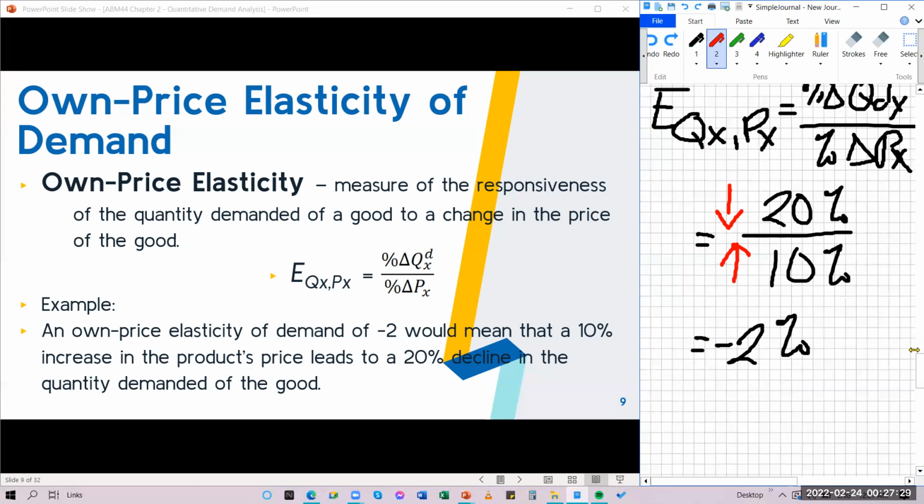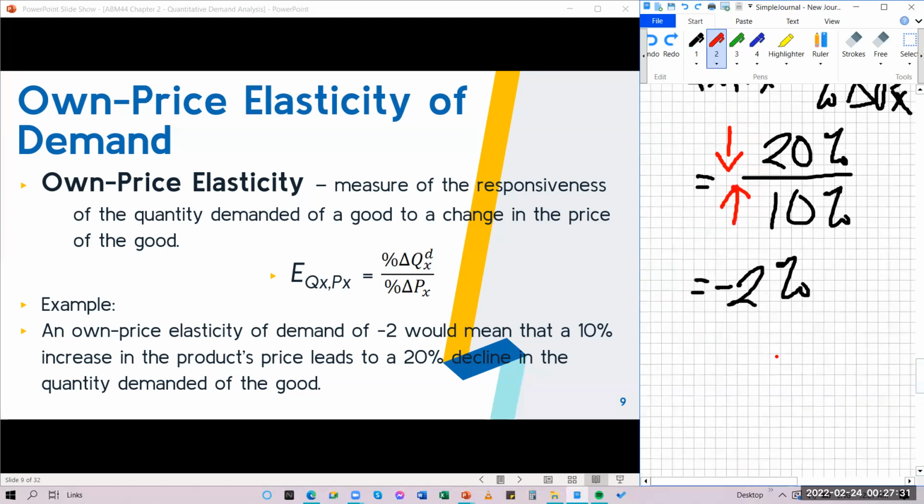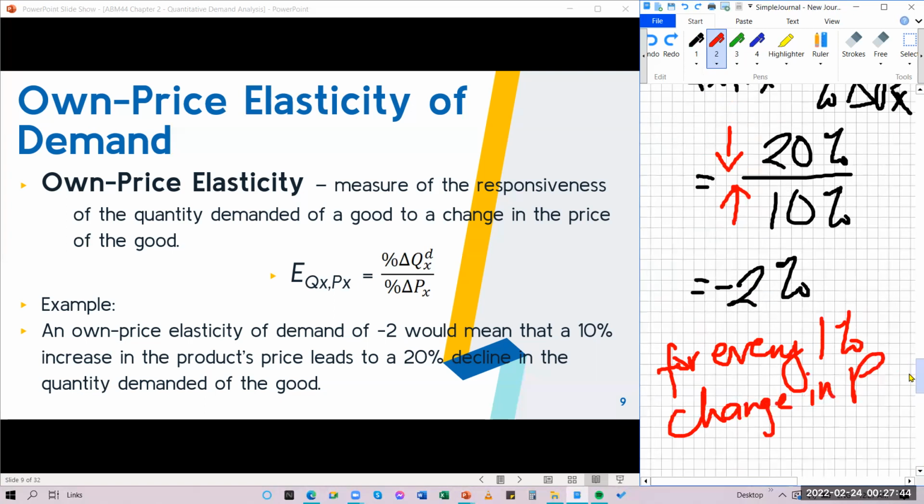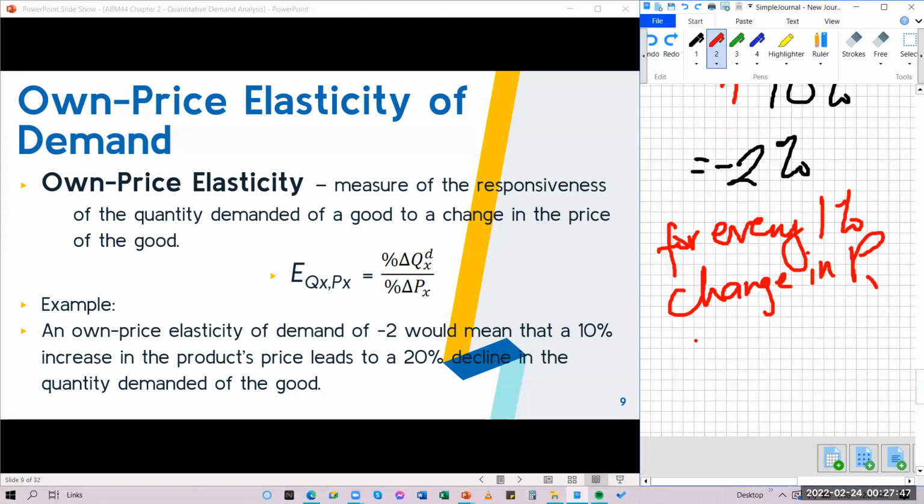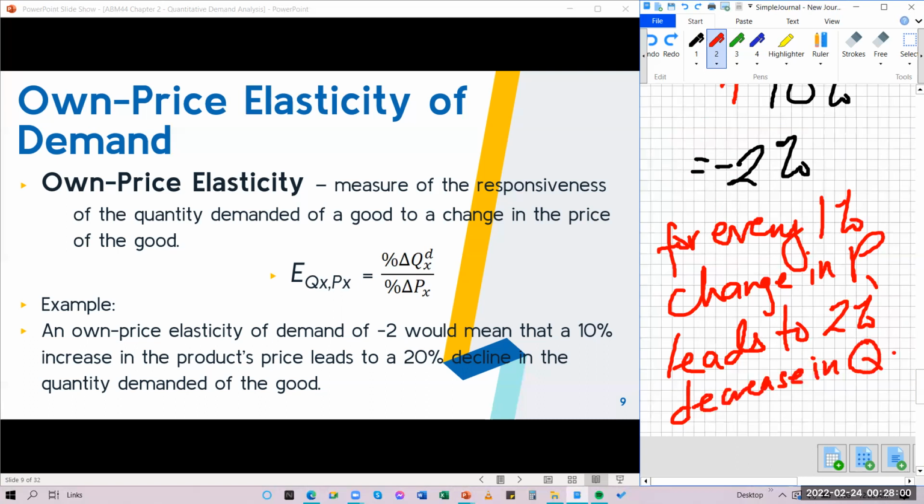As per the interpretation, as I said again, for every 1% change in price, I hope you can see my writing clearly, leads to a 2% decrease in quantity demanded.